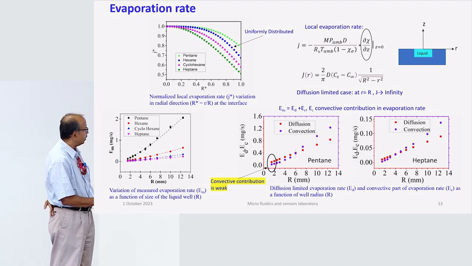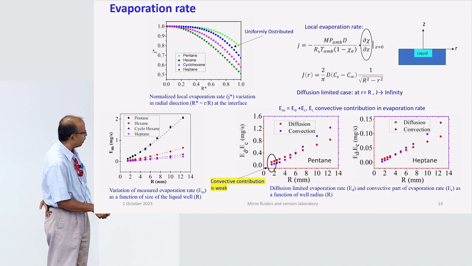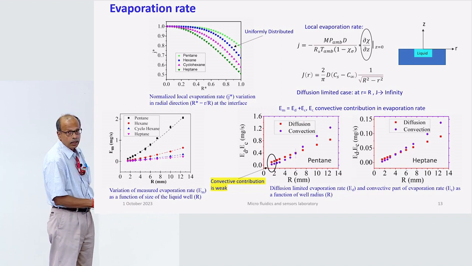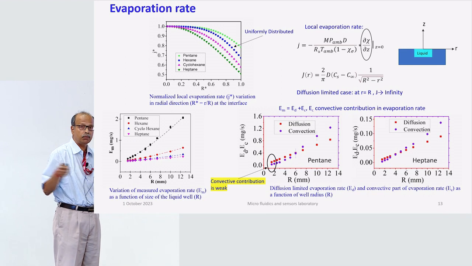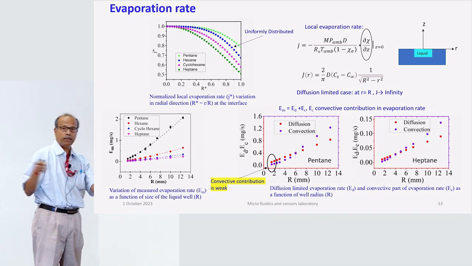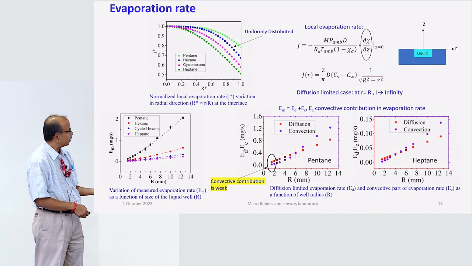Here you see this one is the diffusion component, and this one is the convection component. For pentane, as you increase the diameter, the convection component increases. Physically it makes sense: with more diameter, the Grashof number is higher, and the convection effect should be predominant, and that's what your measurement is showing.